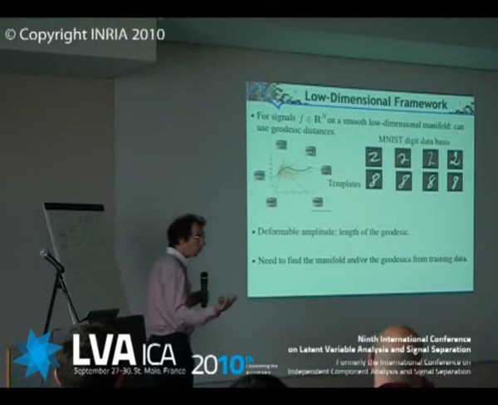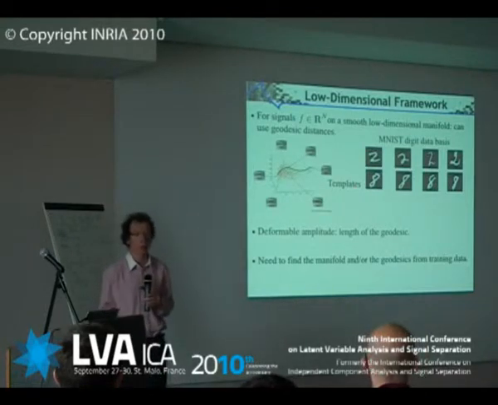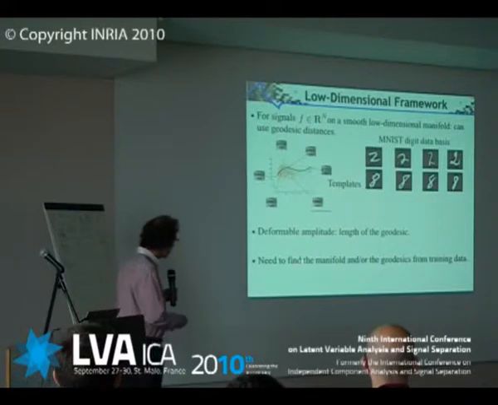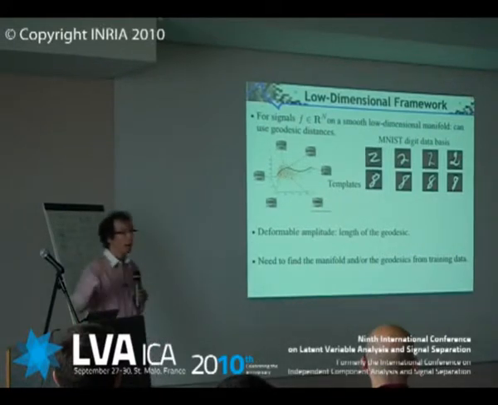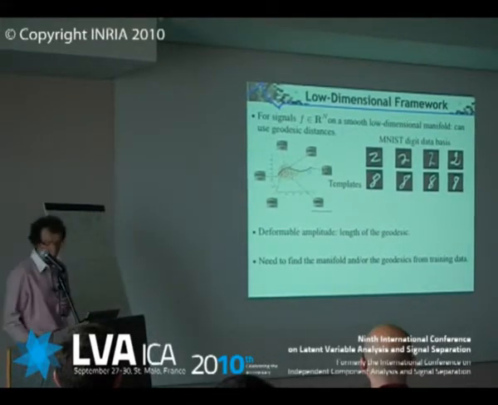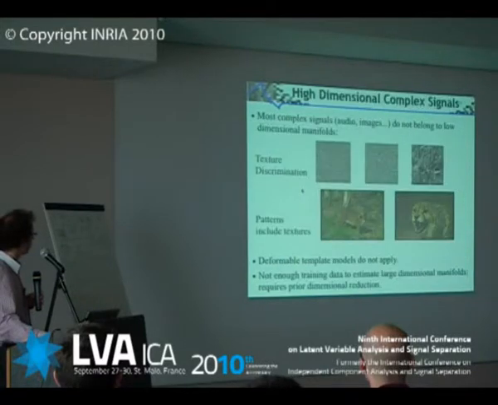Clearly these digits are relatively simple images that belong to a low-dimensional manifold. You'd like to identify the manifold and identify the geodesic. So the core issue is this one: find the manifold where the signal belongs and find the geodesic to define the distance between elements of this manifold.